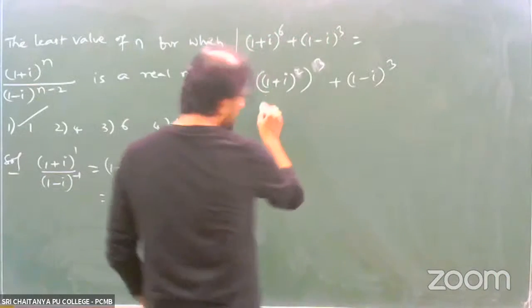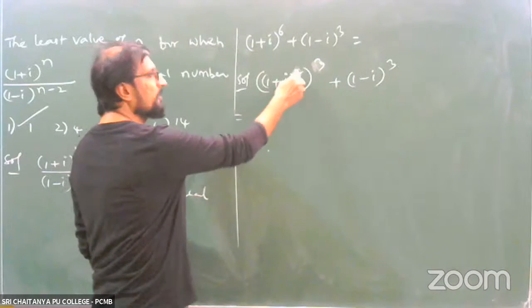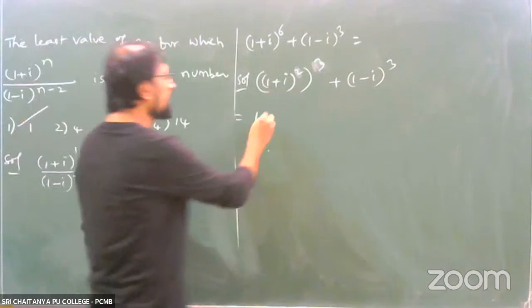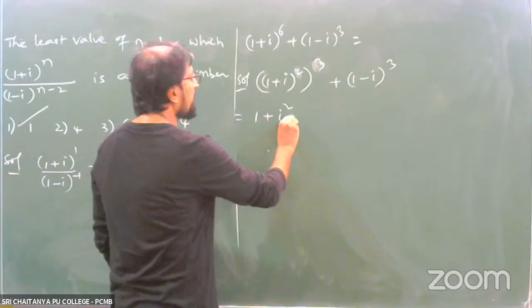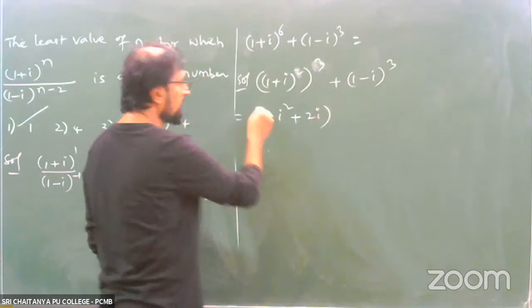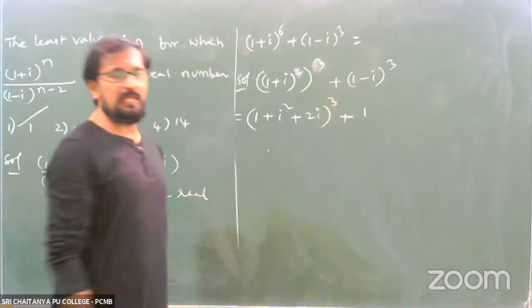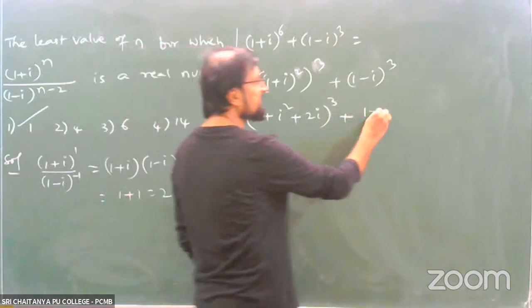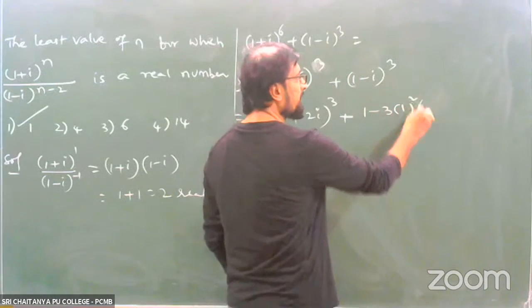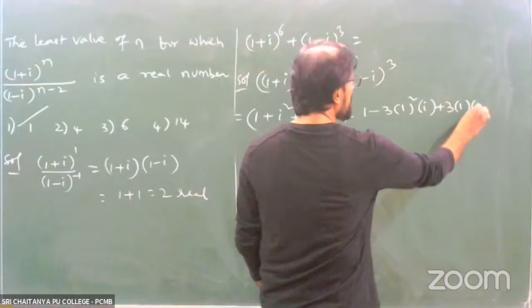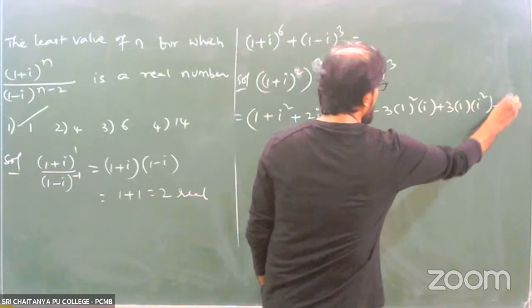Now this is in the form of a plus b whole square: a square plus b square plus 2ab, whole cube, plus a cube minus 3a square b plus 3ab square minus b cube.